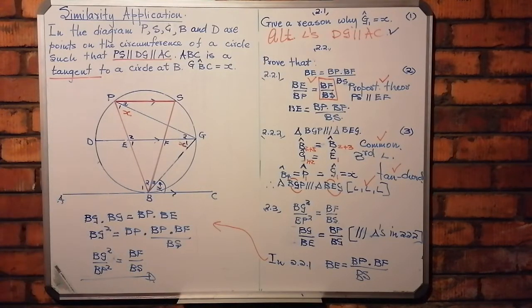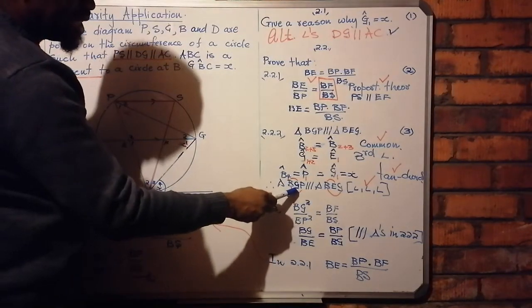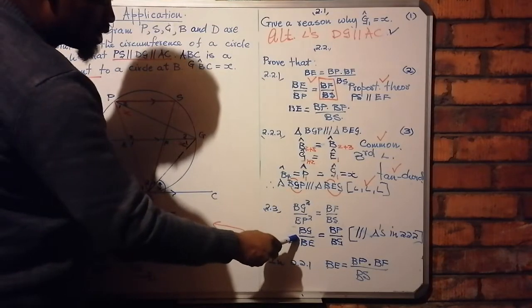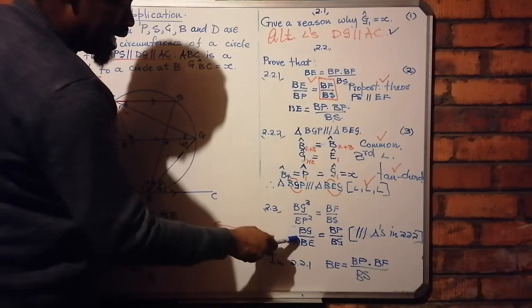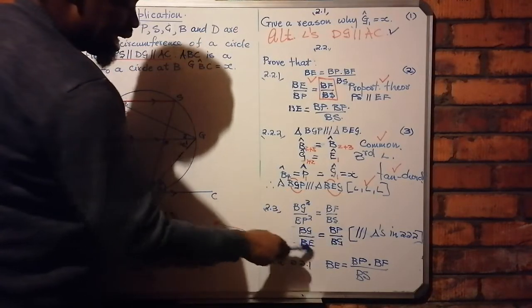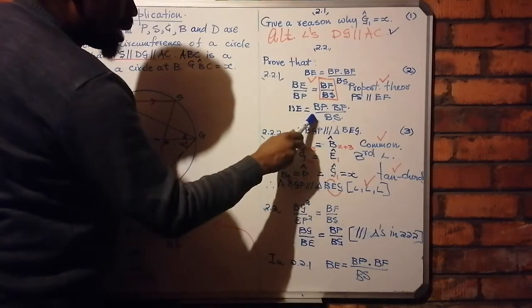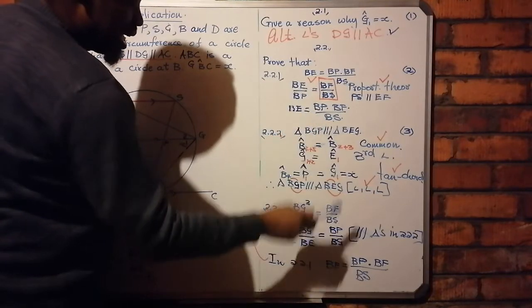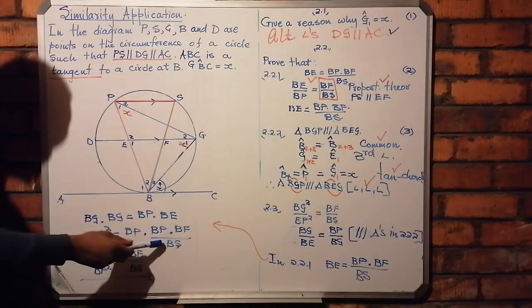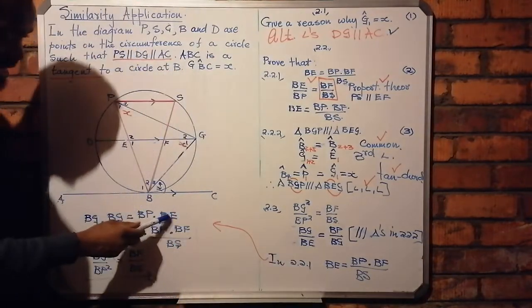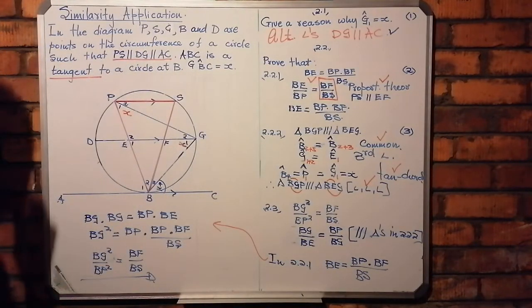There we go. We proved similarity. We used similarity as a reason. If two triangles are similar, their corresponding sides are in the same proportion. We did not forget about what they asked us there. Took it there, then cross multiplication, substitution of BE there, then we got what they wanted from us.